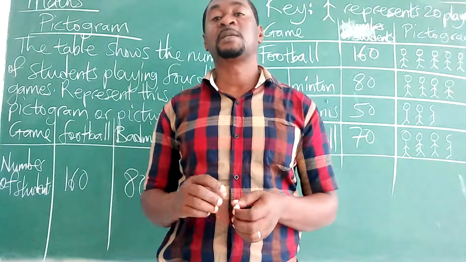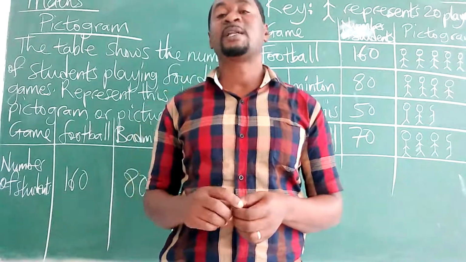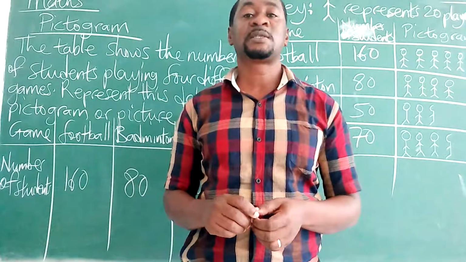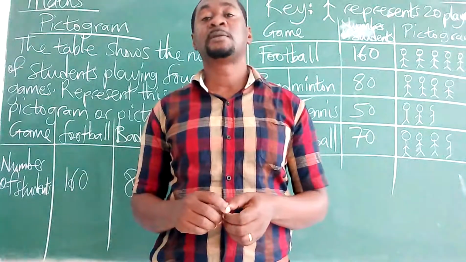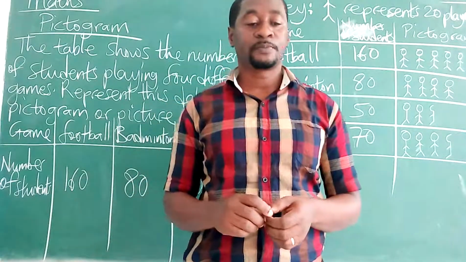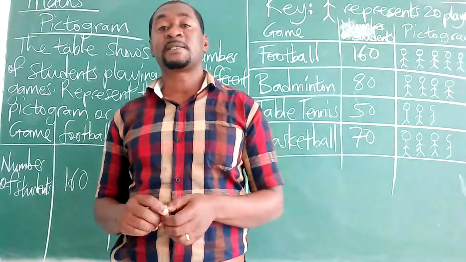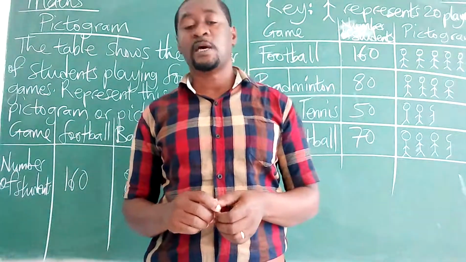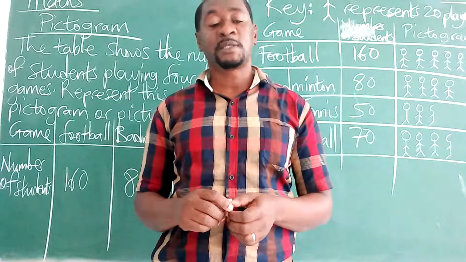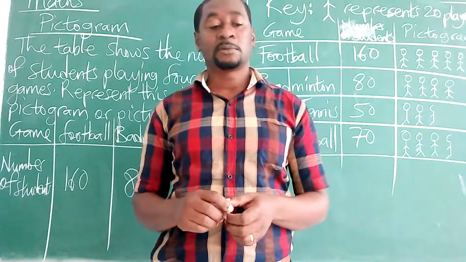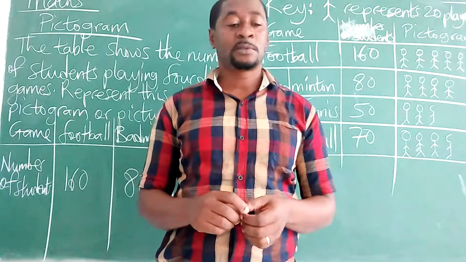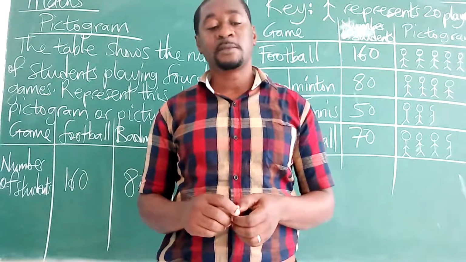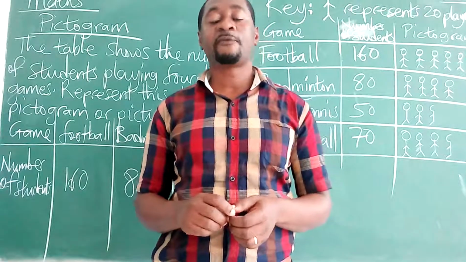Under favorite subject we have mathematics, English, social studies, science, and Turkish language. For number of students, mathematics we have 15, English 6, social studies 5, science 10, and Turkish language 4.